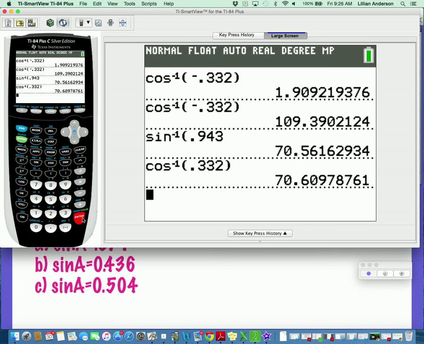But since these points are located in the second quadrant, which number do you want? Those are values between 90 and 180. Do you want the 70 number or the 109 number? You want the 109 number because it's bigger than 90 but less than 180. You're in the second quadrant.